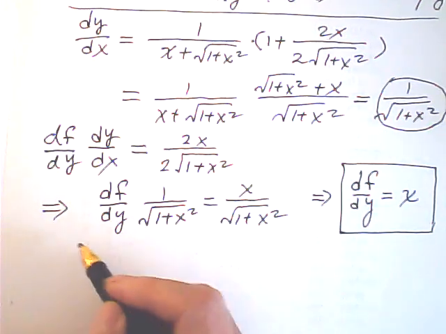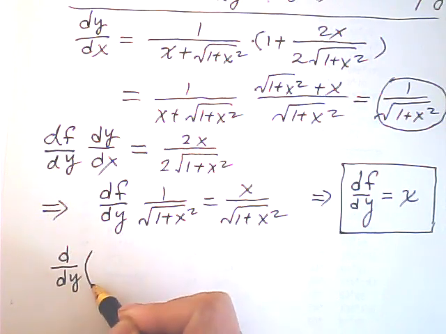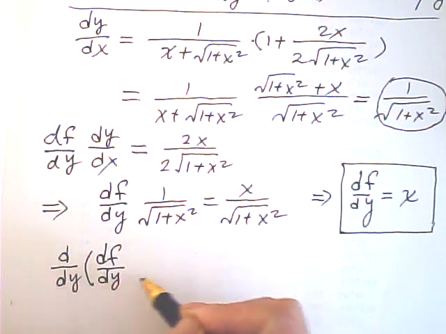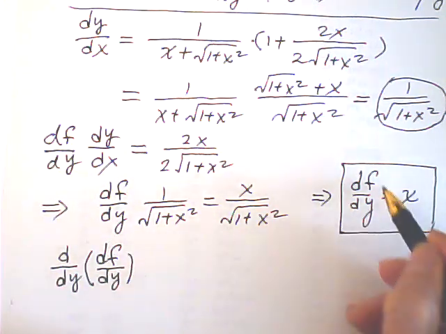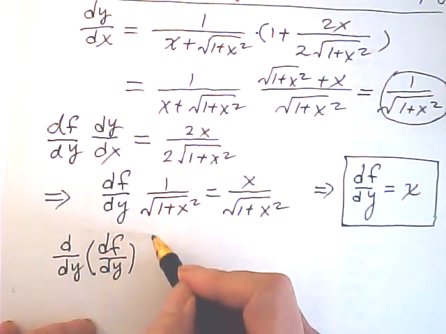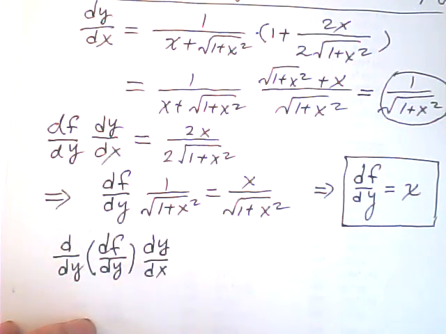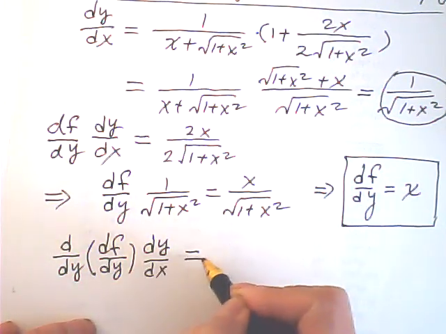First, you take this derivative with respect to y, then the chain rule, take the derivative of y with respect to x again. And this side is equal to 1.